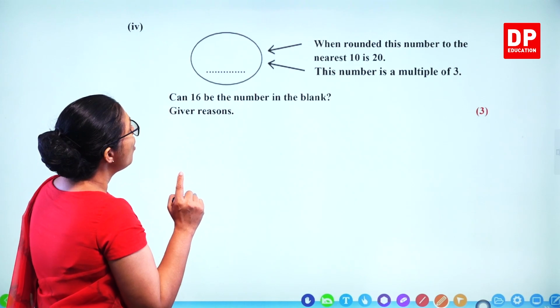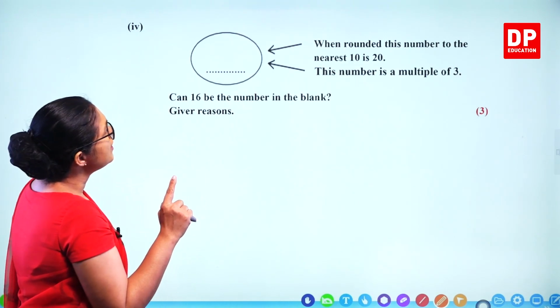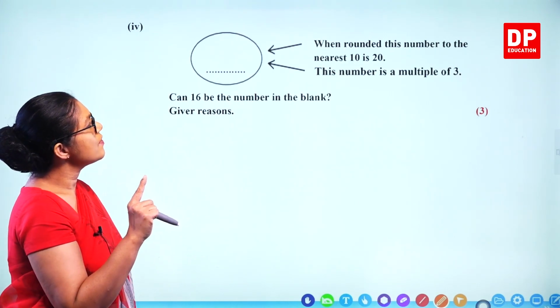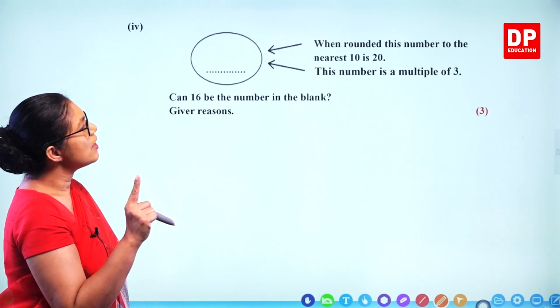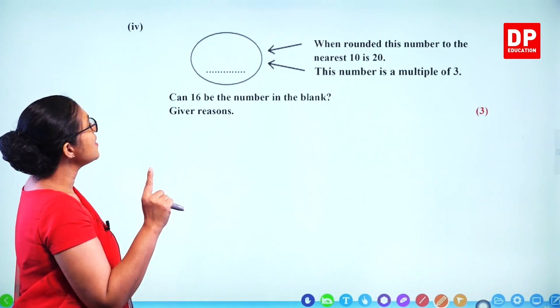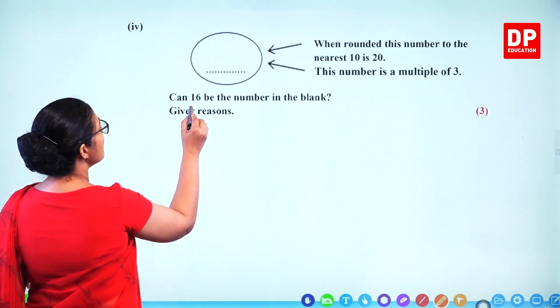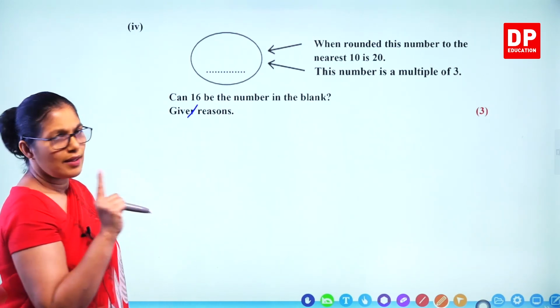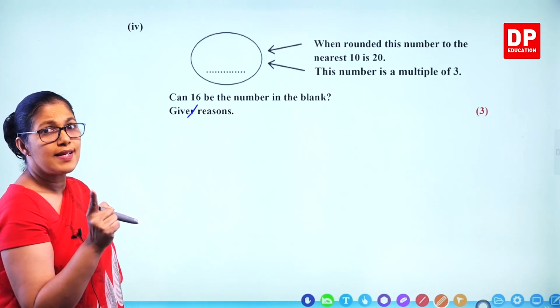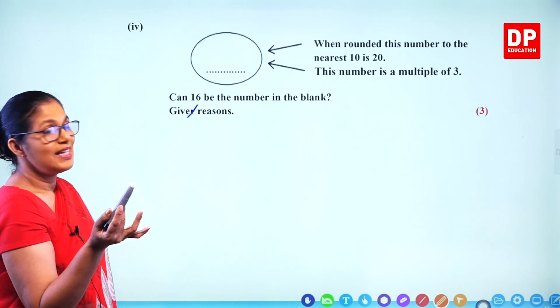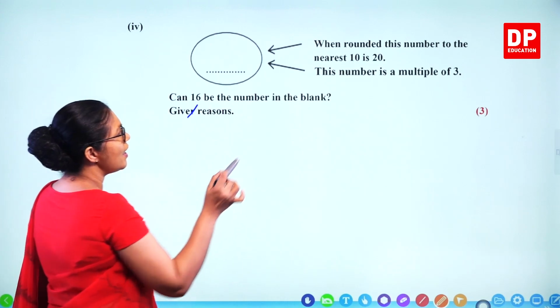Part 4. When rounded this number to the nearest 10 is 20, this number is a multiple of 3. Can 16 be the number in the blank? Give reasons. Can you say 16 is a number? Definitely not. Why?